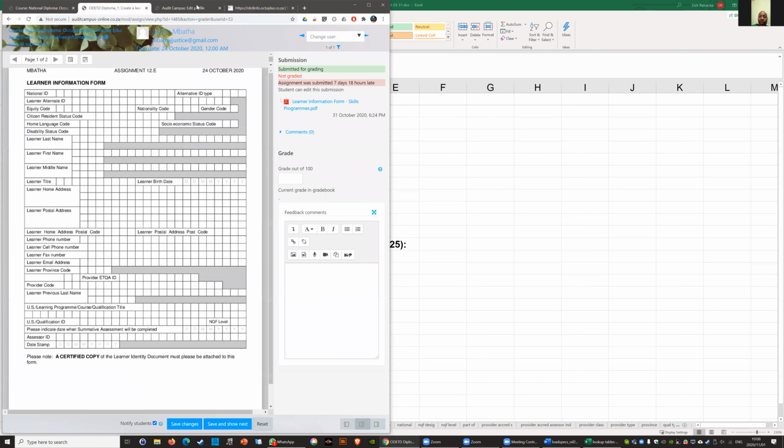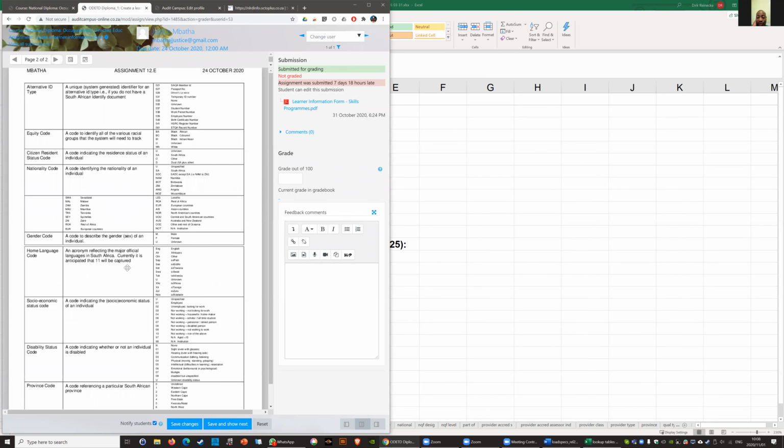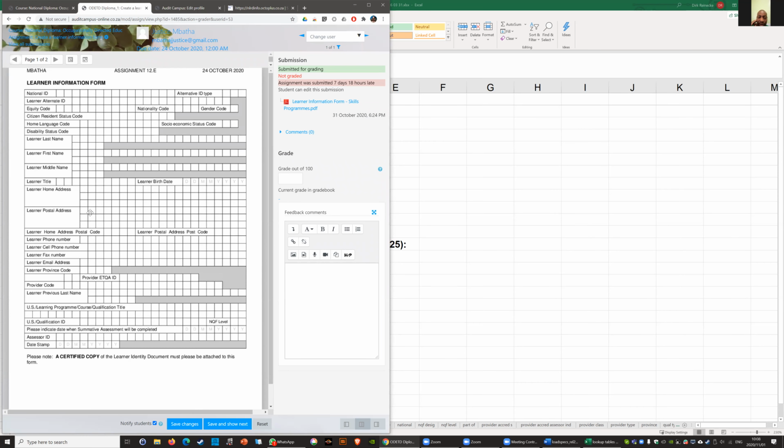So what I must do now is just add that portion that you just spoke about. You must replace this disability status code with that other information, and on page 1, you've got to put in the additional spaces.